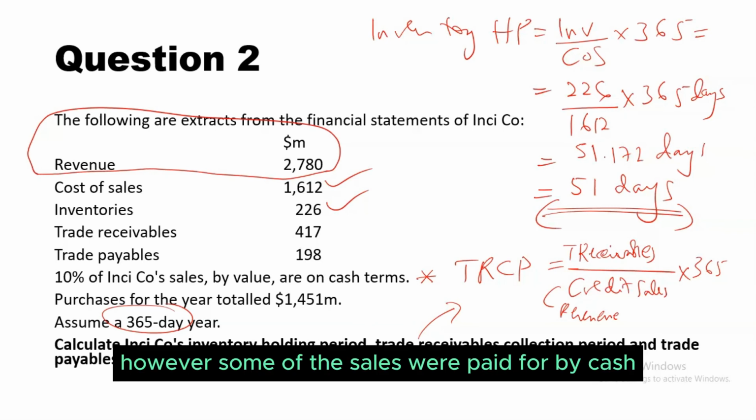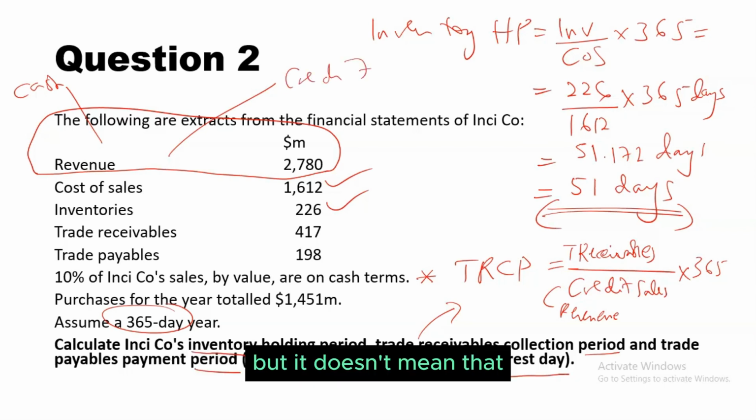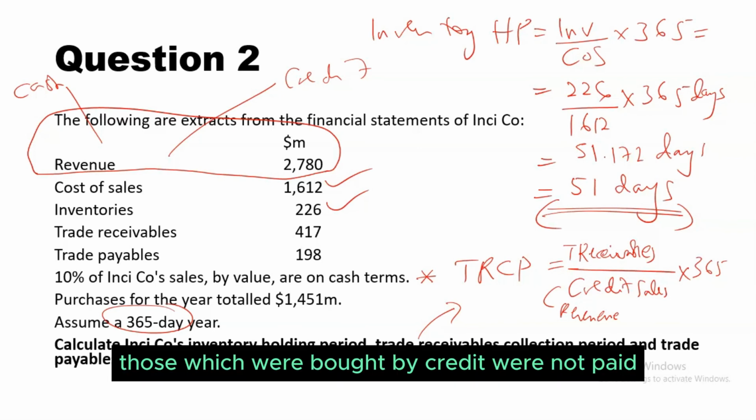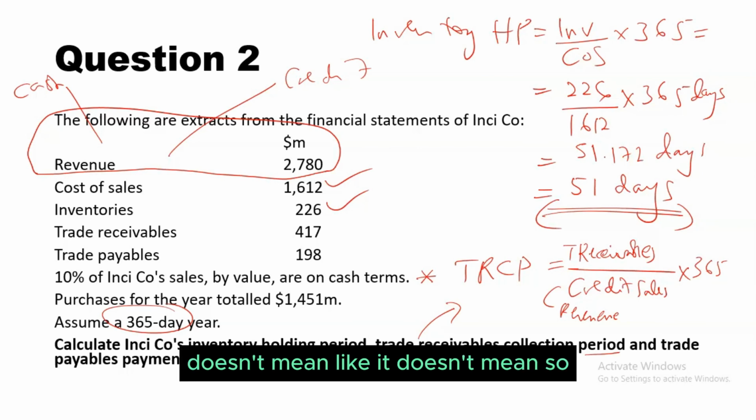However, some of the sales were paid for by cash, whereas others were through credit. But it doesn't mean that those which were bought by credit were not paid for by the end of the year. No, it doesn't mean so.